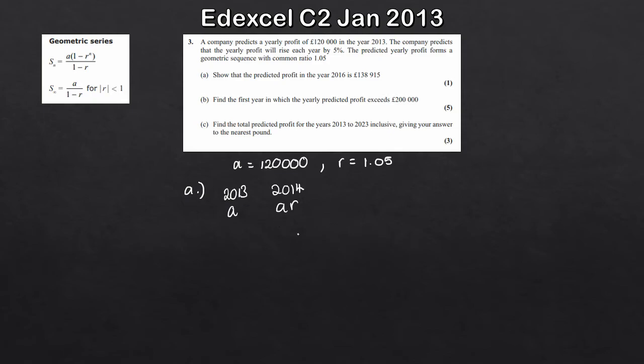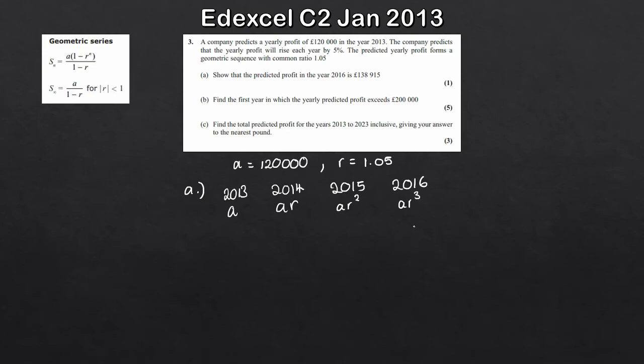And this pattern keeps going, because it is a geometric series. So the next term, for the year 2015, will be AR squared. And then finally, 2016, that's the year we're asked to work out, that's AR cubed. Okay? So we need AR cubed.